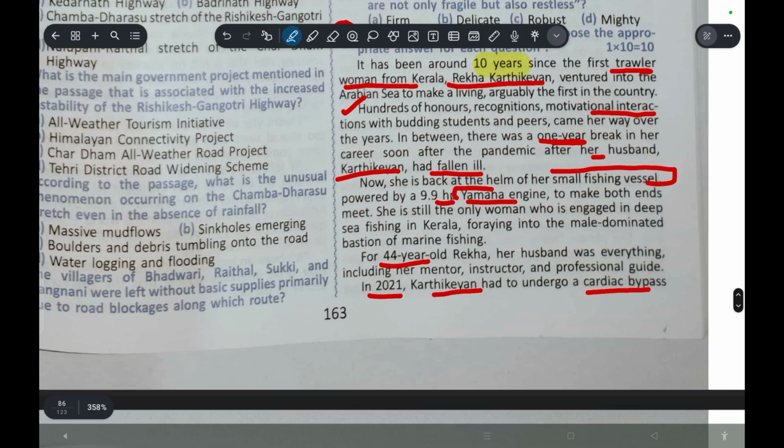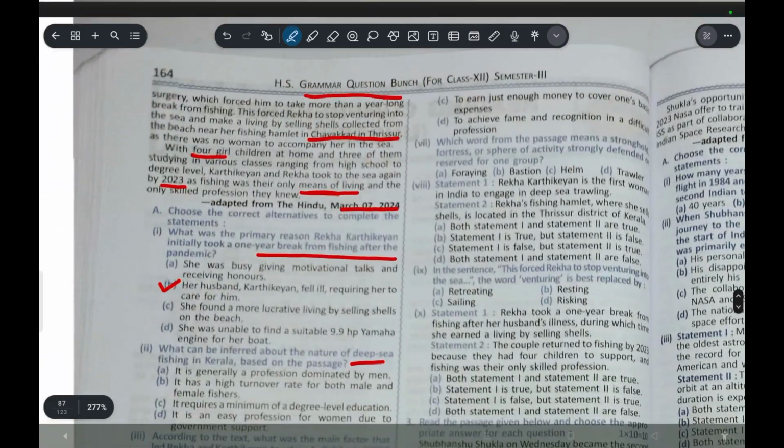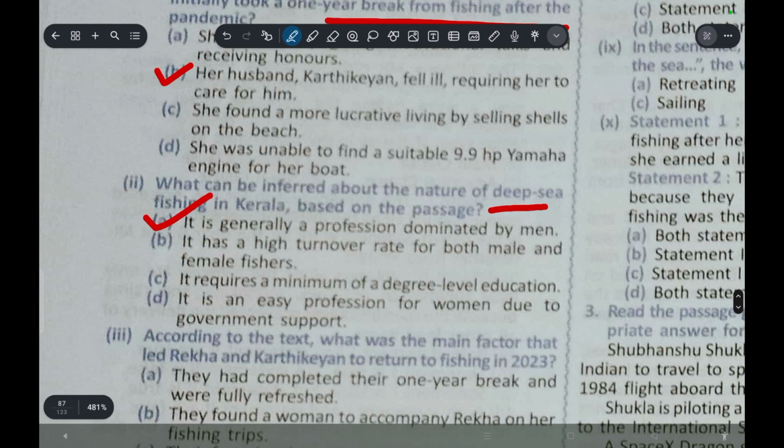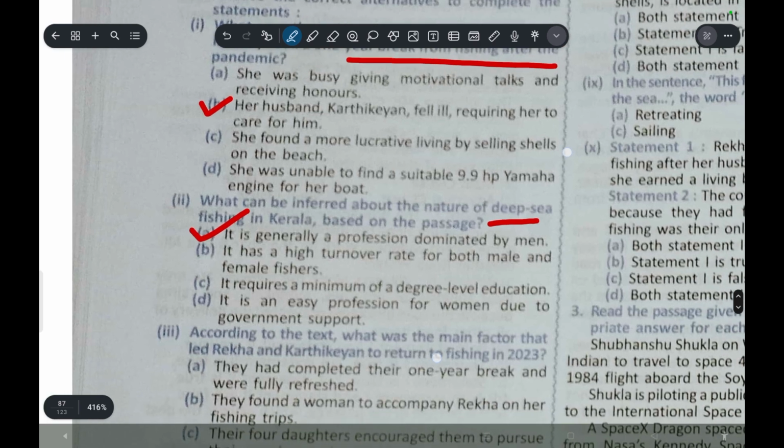She is still the only woman who has engaged in deep sea fishing in Kerala, foraying into the male dominated bastion of marine fishing. So the answer will be, it is generally a profession dominated by men. Okay.